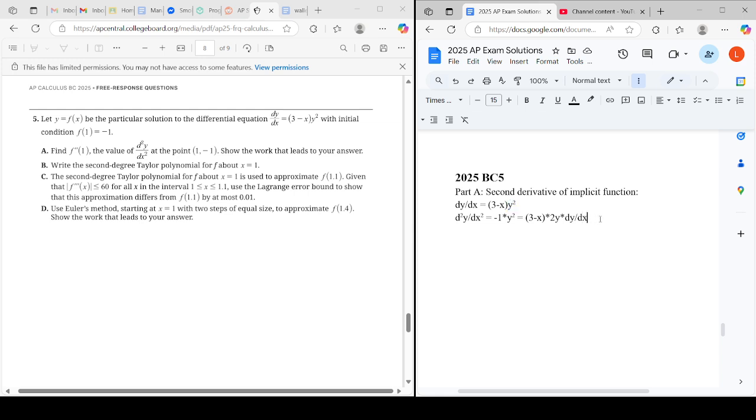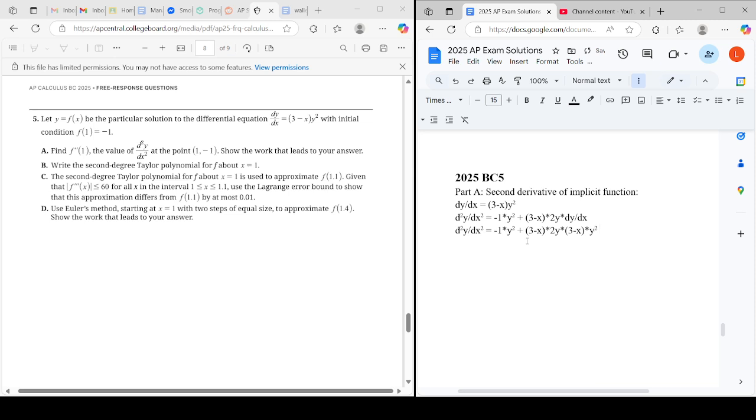So from here, d squared y over dx squared equals negative 1 times y squared, and no, it's plus here, plus 3 minus x times 2y times 3 minus x times y squared.